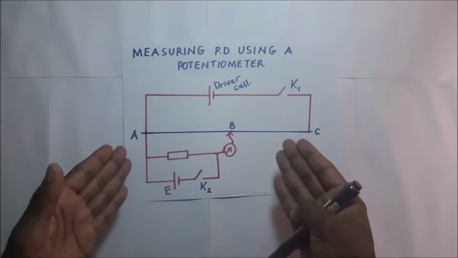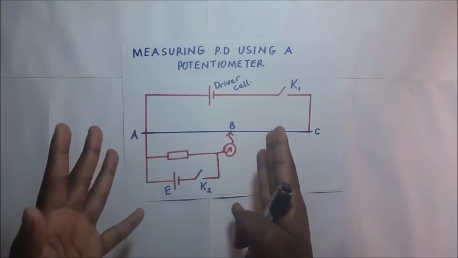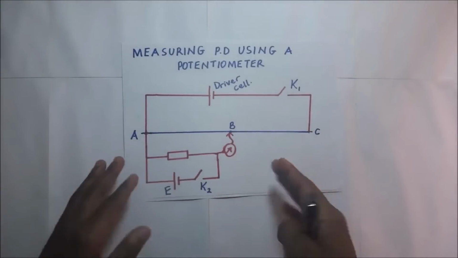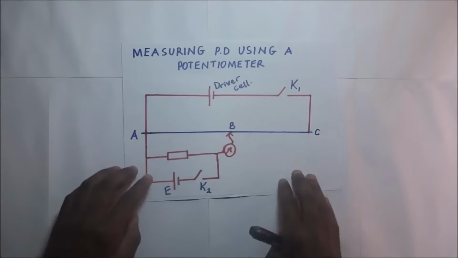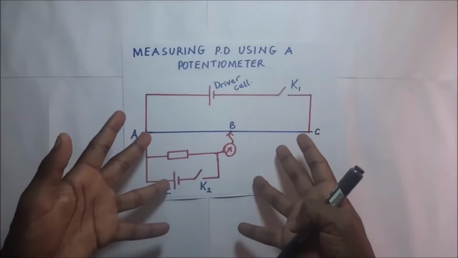As we start the illustration of this experiment, it is under the assumption that we have finished standardizing our potentiometer. Now that we are aware of the PD per unit length of this potentiometer wire, we will go ahead and connect it as shown below.